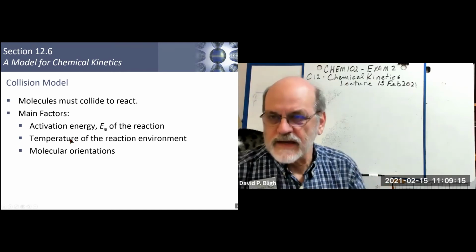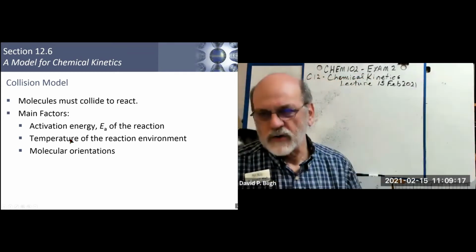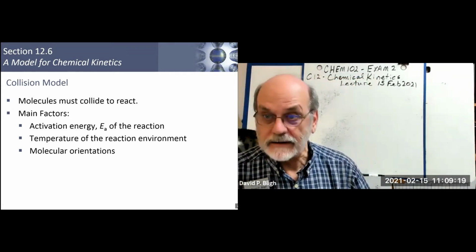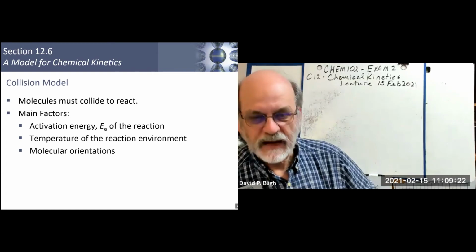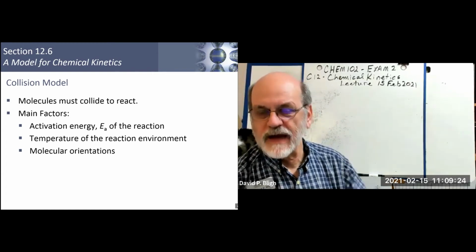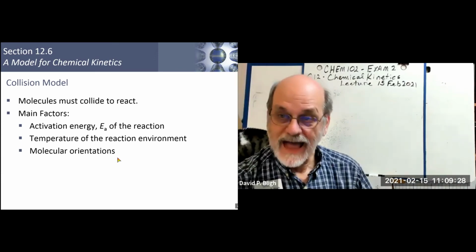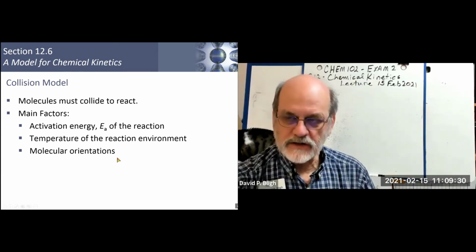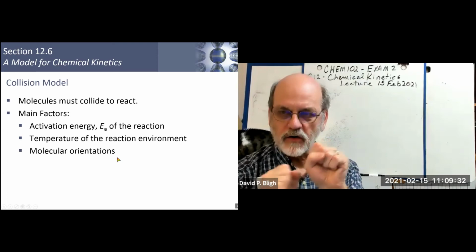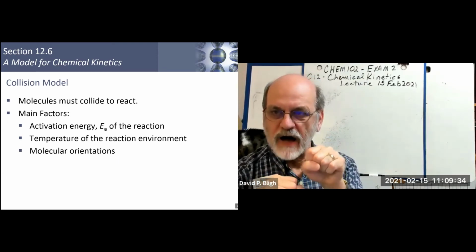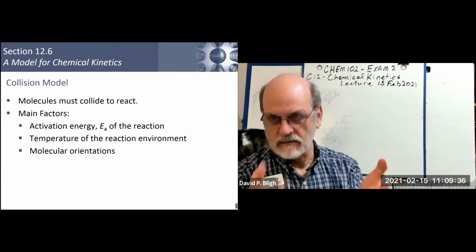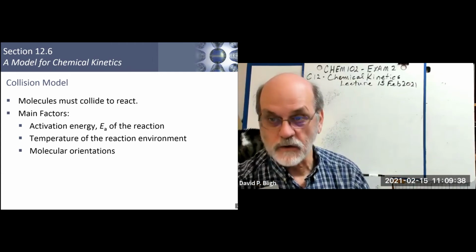Now, there are other things that can contribute, but for most chemists, temperature is it. If you increase the temperature, you increase the amount of energy available to the reaction. And proper orientation. They've got to be oriented correctly for bonds to break and reform however the reaction requires.